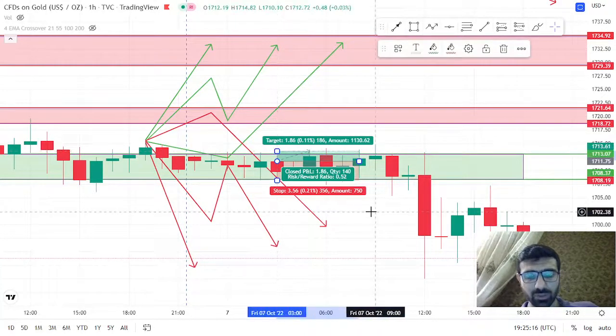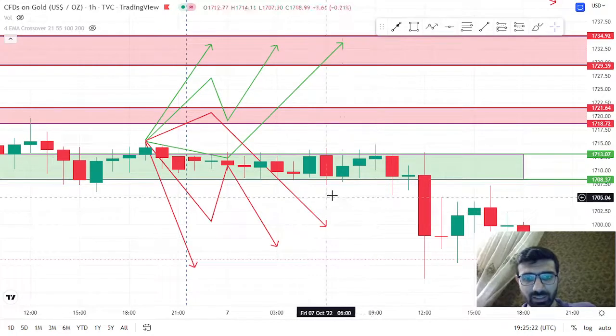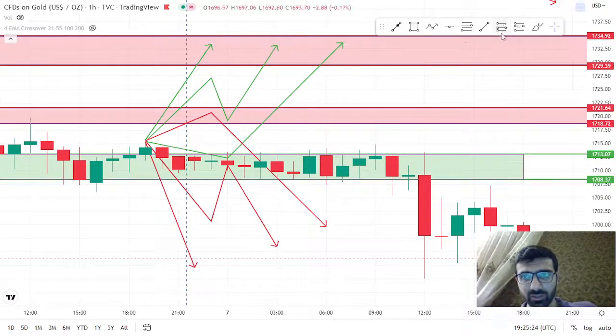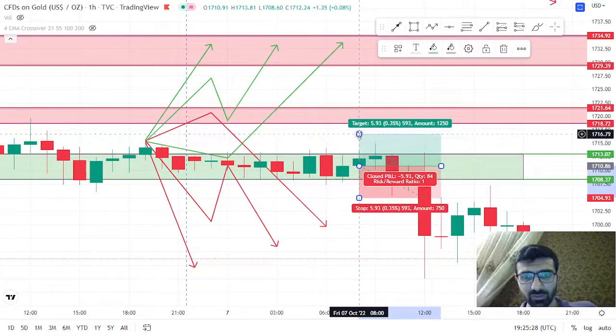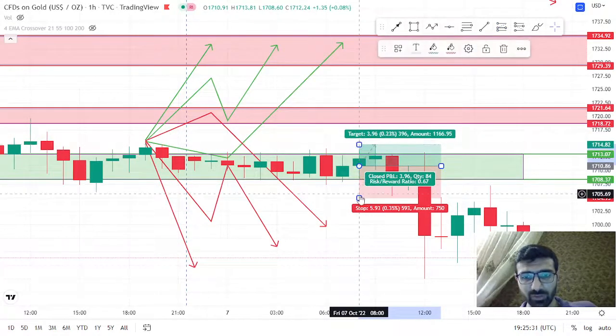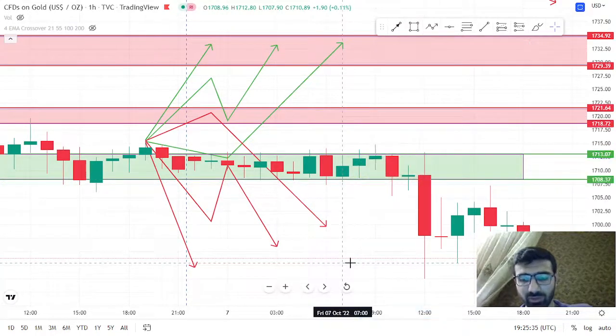So this trade would have given us a 0.5% profit only, more or less a break even. And if we would have entered a long position over here, then our take profit would be over here, and our stop loss would be over here. So this trade would have given us a 1.3% profit.